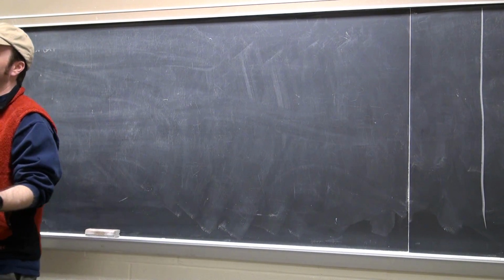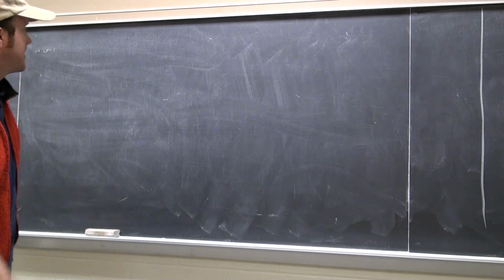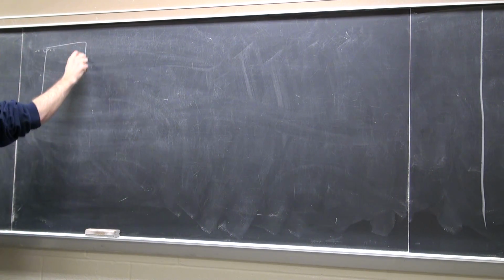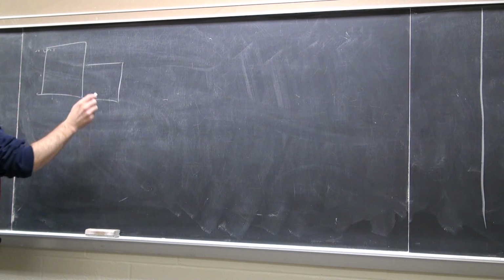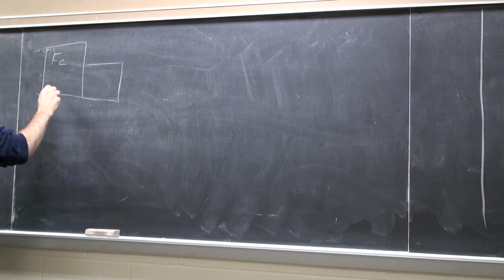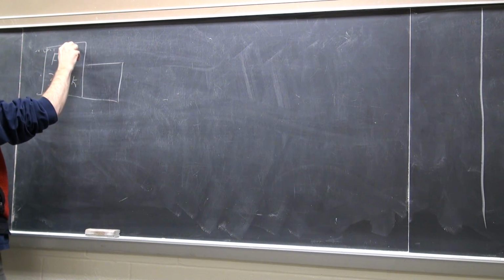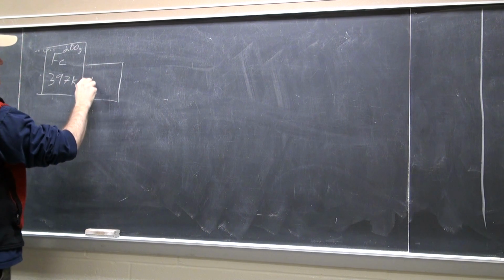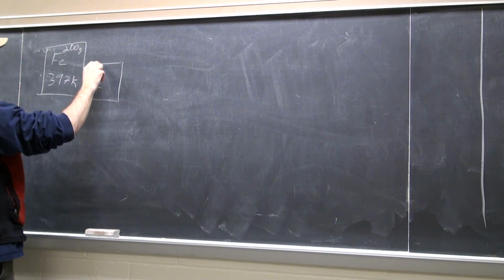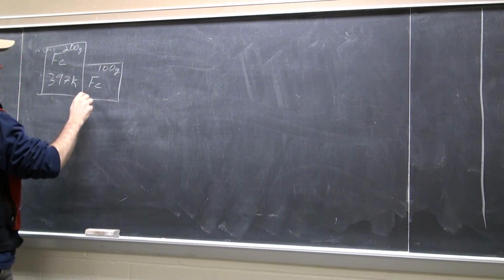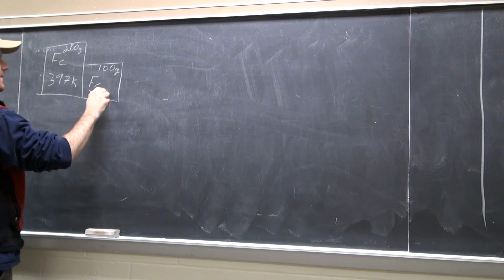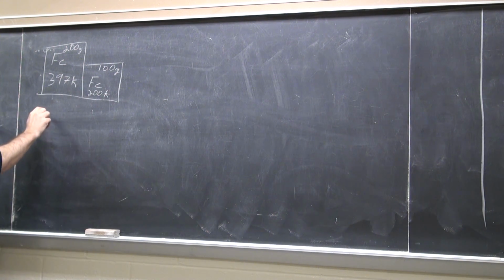So the details of some of the calculations you don't need to know. However, the stuff like calorimetry, remember where you put 2 blocks of iron, say Fe at 397 K, and this is 200 grams. You put it together with a block of iron that's 100 grams, and this one's at 200 K. What's the final temperature?